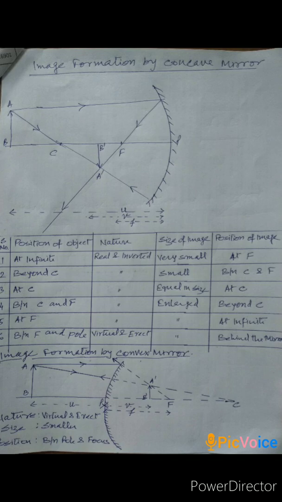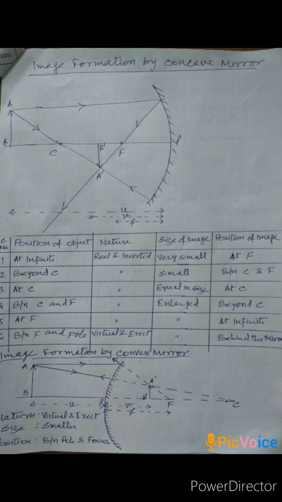In this table, the object AB is placed on the principal axis at infinity, beyond the center of curvature, at the center of curvature, between C and F, at focus F, and between focus and the pole.